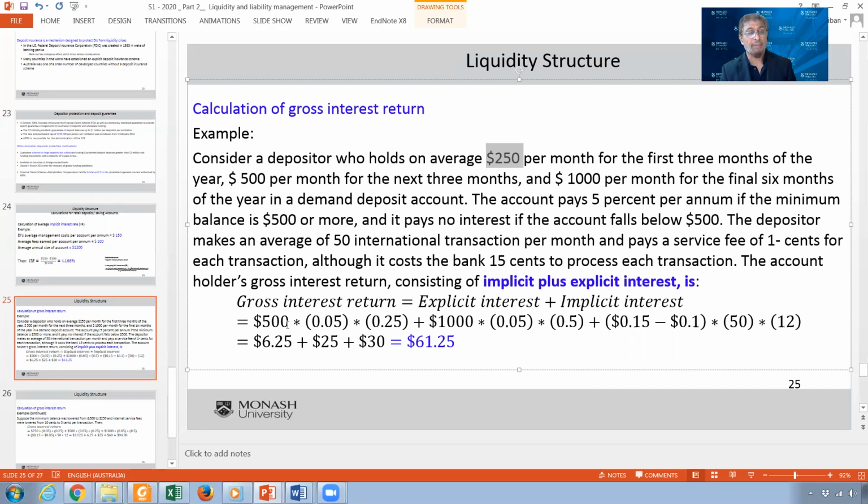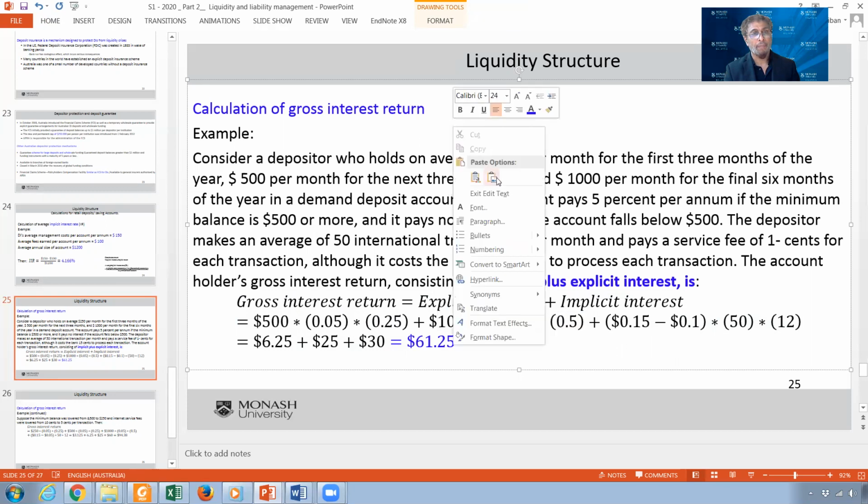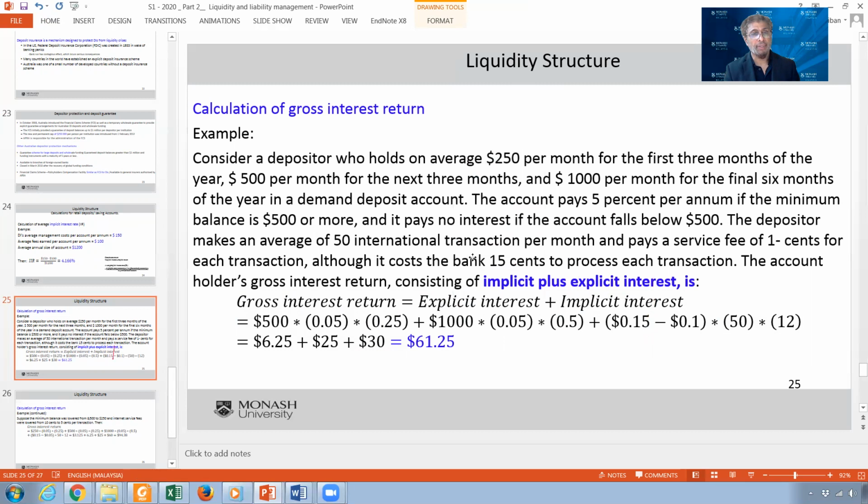They pay you 5% on 500, but you have only 250 for the first 3 months, so they don't pay you for that period. This is when you keep 500 for 3 months, this is 25, and this is when you keep 1,000 for 6 months, this is 50. And this is the fees.